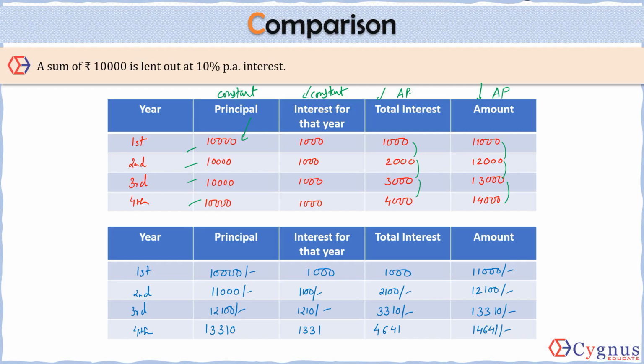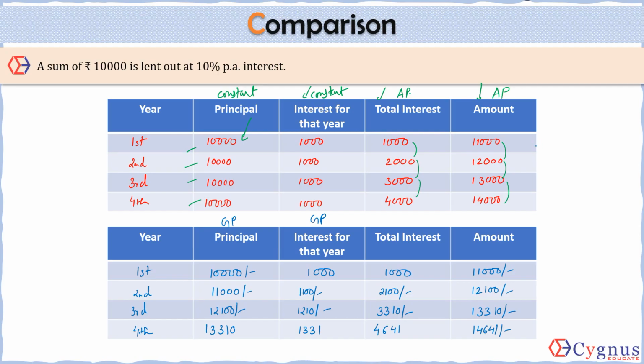It's 10,000, then it became 11,000, then 12,100. It is increasing at the rate of 10%. So this will give you a GP, that is a geometric progression. So the principal will never be the same. Interest for a particular year will not be the same. That's the basic difference between simple interest and compound interest.